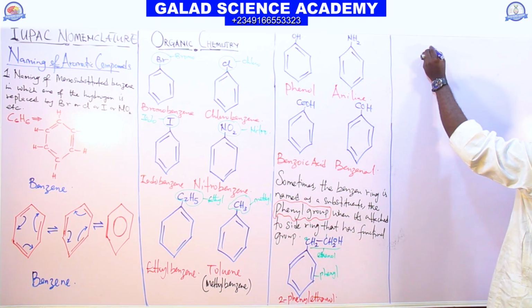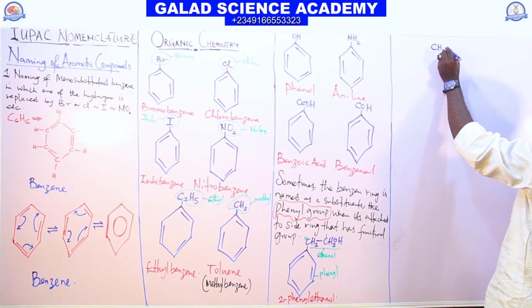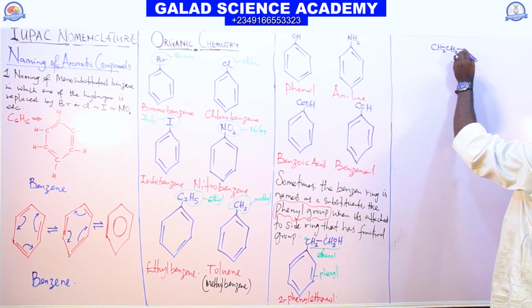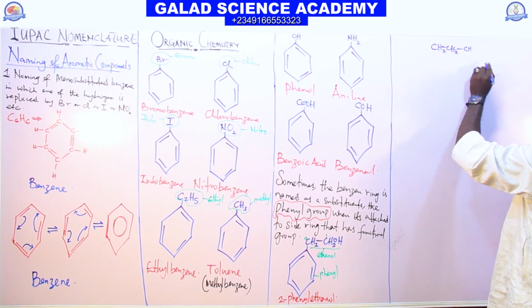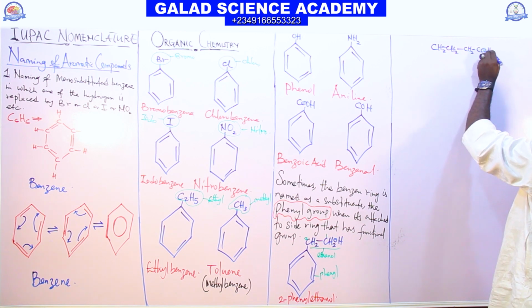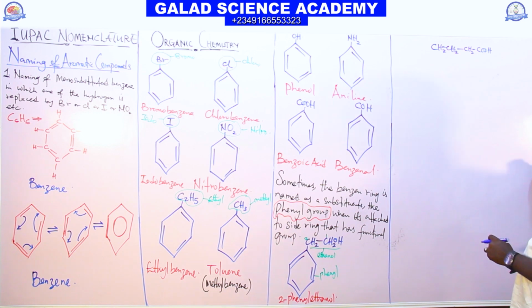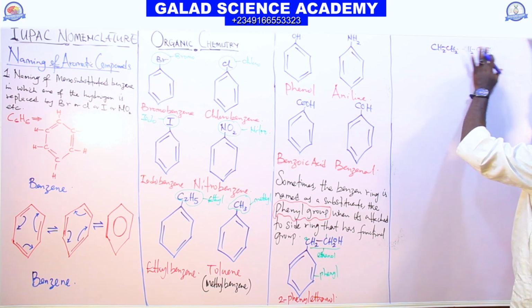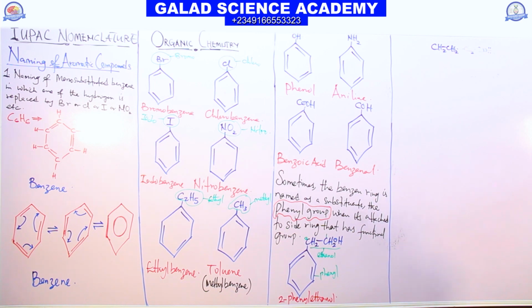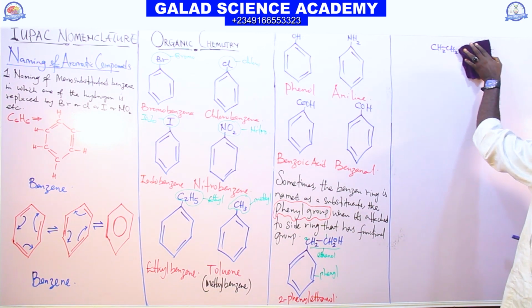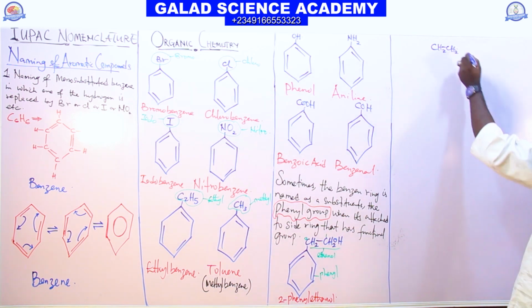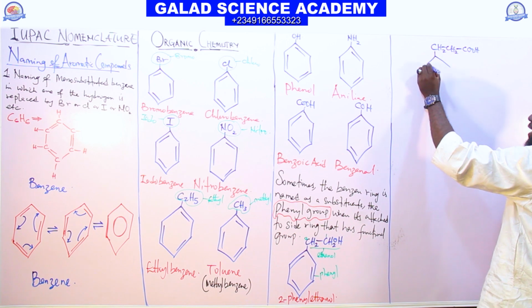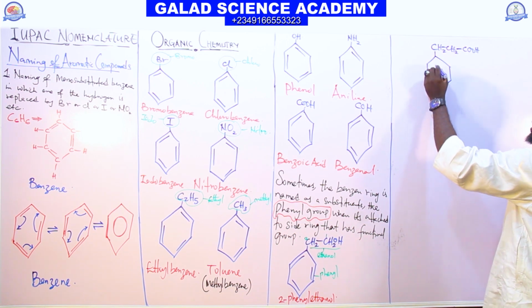If you have CH2, CH2, another CH2, COOH, and here we now attach my benzene. What will be the name?